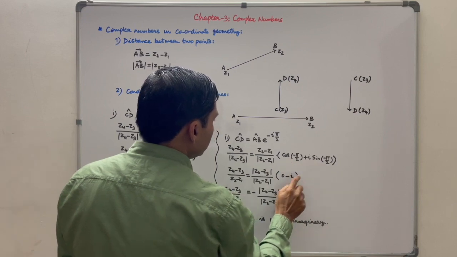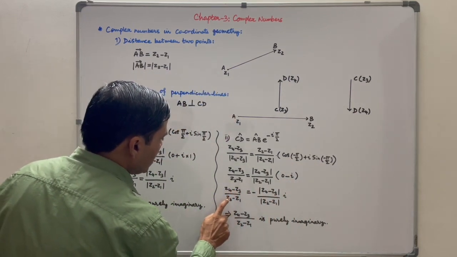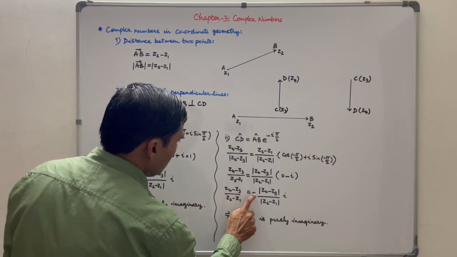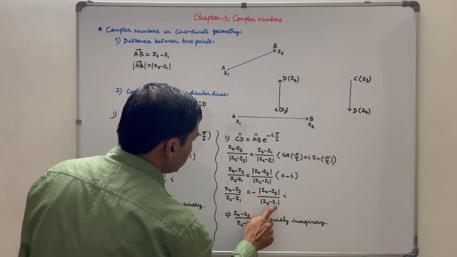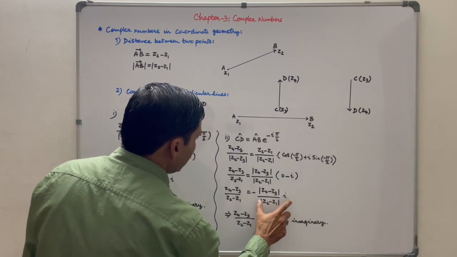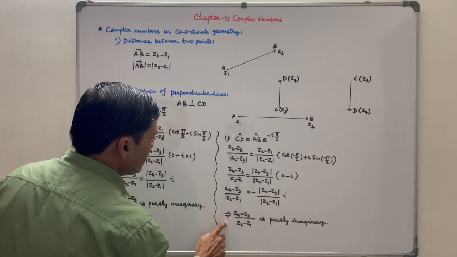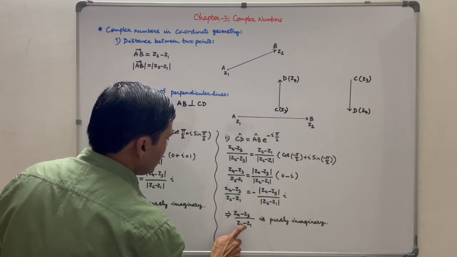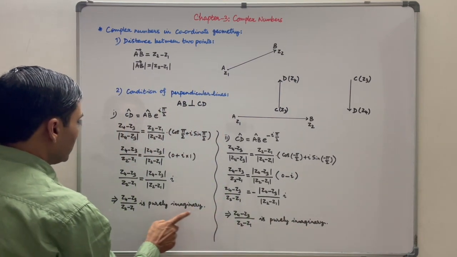So this part becomes 0 minus i. So we get (z4 minus z3) upon (z2 minus z1) is equal to minus mod (z4 minus z3) upon mod (z2 minus z1) into i. Again, right hand side is purely imaginary. So we get the condition (z4 minus z3) upon (z2 minus z1) is purely imaginary, which is the same condition as we got in case 1.